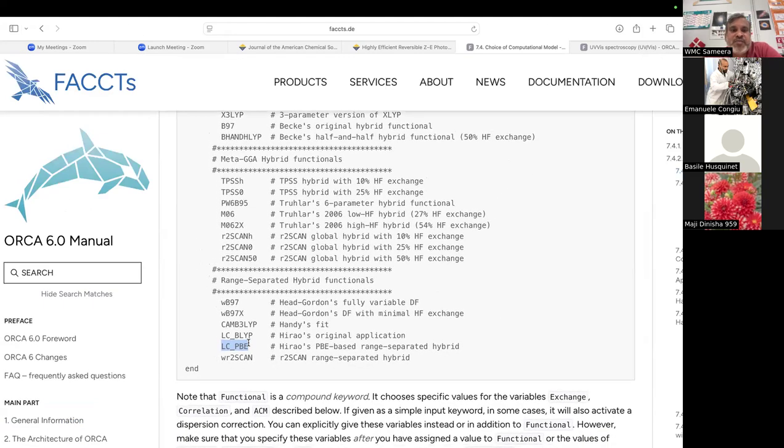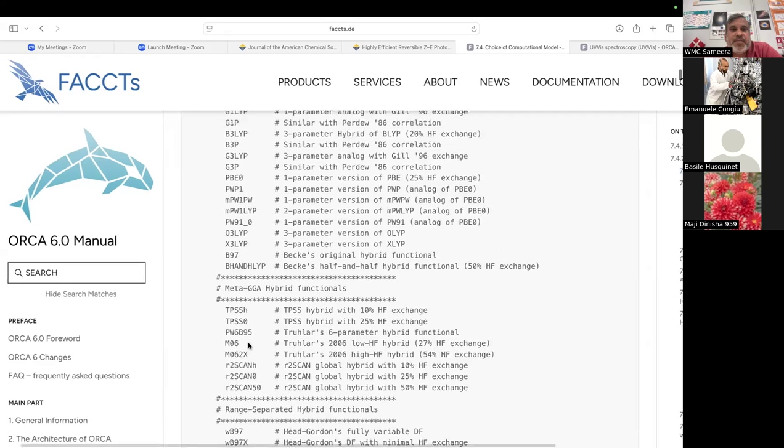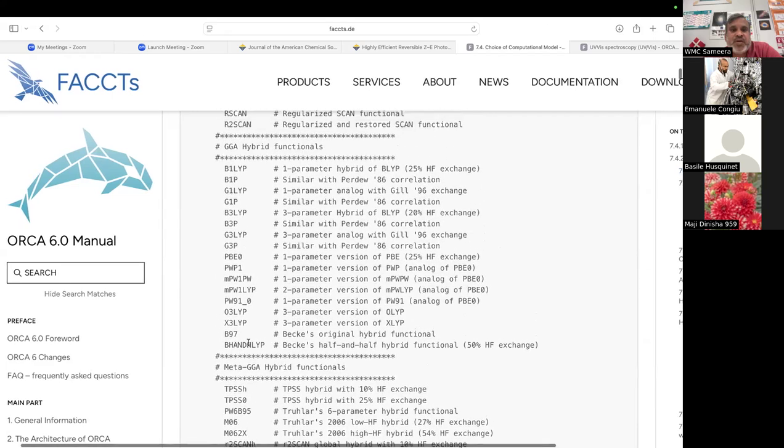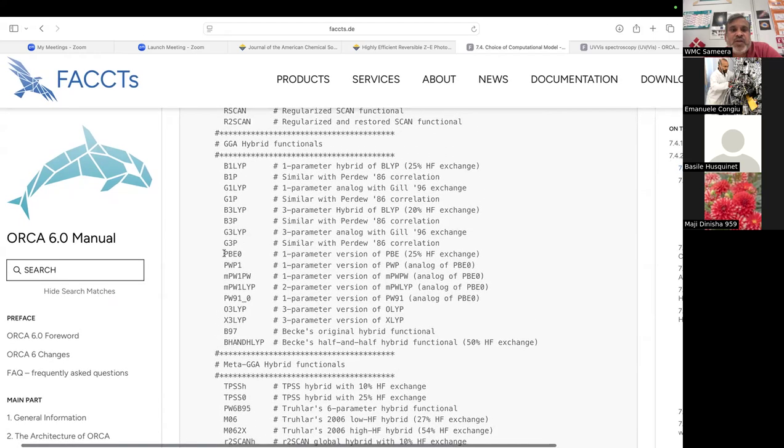I usually compute the excitation using different density functionals and see which functional performs better. I also found PBE0 is a good candidate. It has 25% Hartree-Fock exchange, so it performs really well as well.